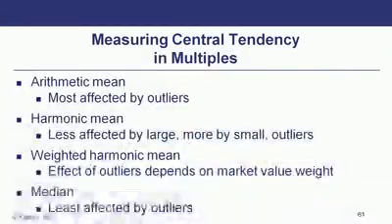If I go 12, 20, 800, Amazon's going to dominate. So the harmonic mean helps to manage that situation. Now, the weighted harmonic mean takes into account the effect of outliers, depending on how much each makes up of my portfolio. Now, if I have a lot of values, I can just take the median, or the middle number. This is least affected by these huge outliers on either side.